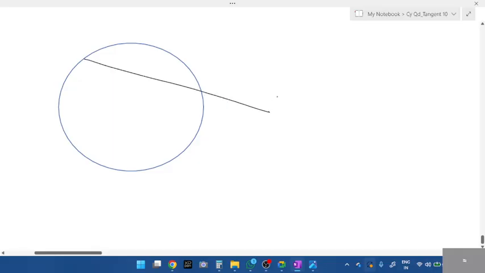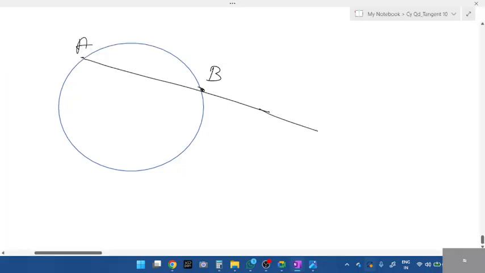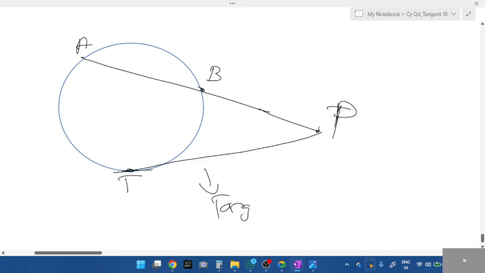One secant, students. One secant P A B. See, this is secant. One secant and one tangent. This secant will touch this tangent. Look, one is passing through inside, one doesn't go inside. So this is tangent. This is secant. The formula is same.